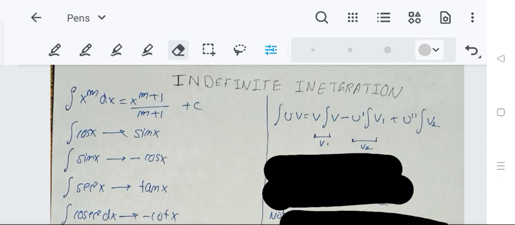So integration of u into v, this is the product rule. It simply says that this is u. My mistake, this is u, not v.